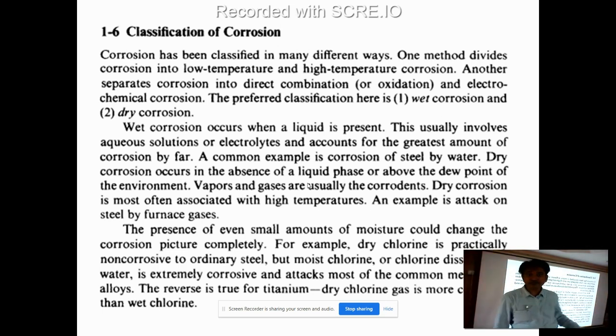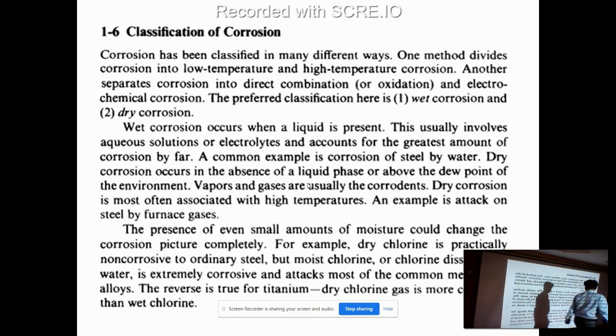Now I also kept one more example here: wet chlorine and dry chlorine. You see the example here, the last one, just go through it. The presence of even small amounts of moisture could change the effect. For example, dry chlorine is practically non-corrosive to ordinary steel.